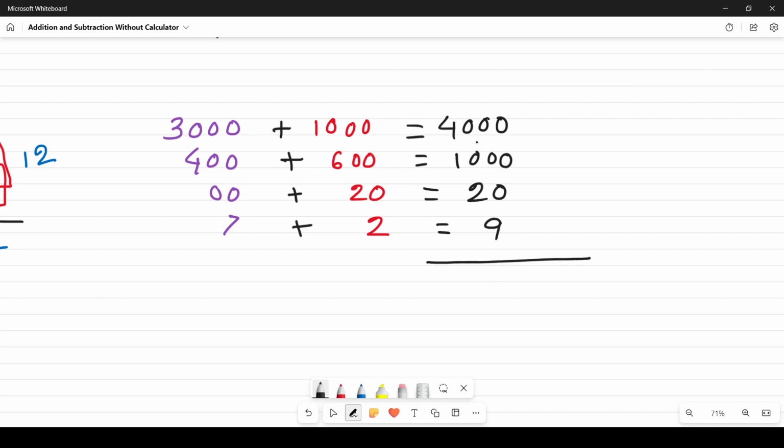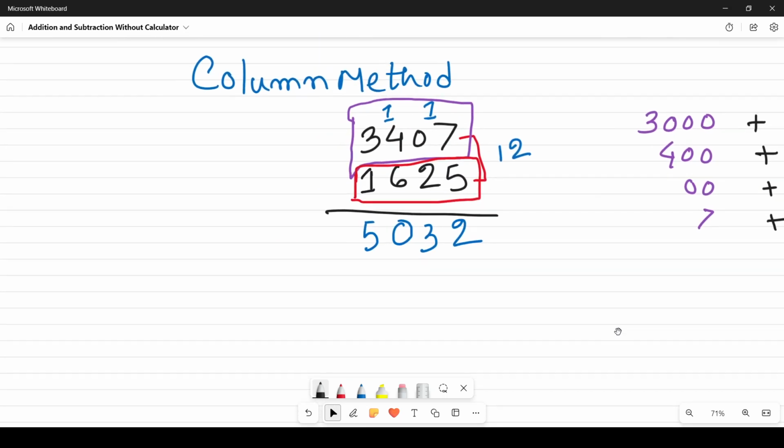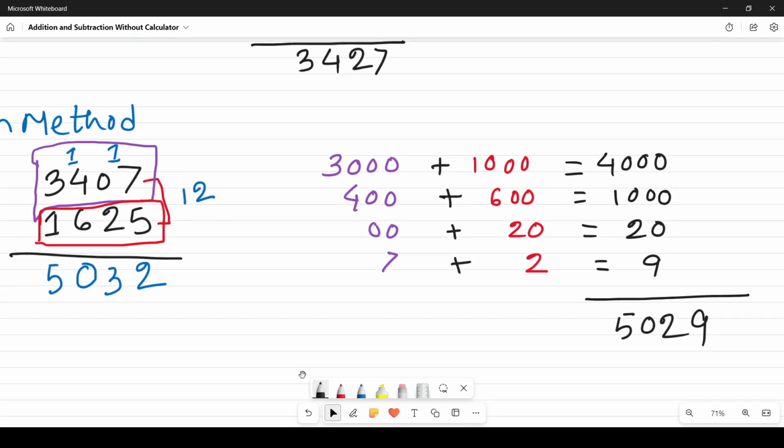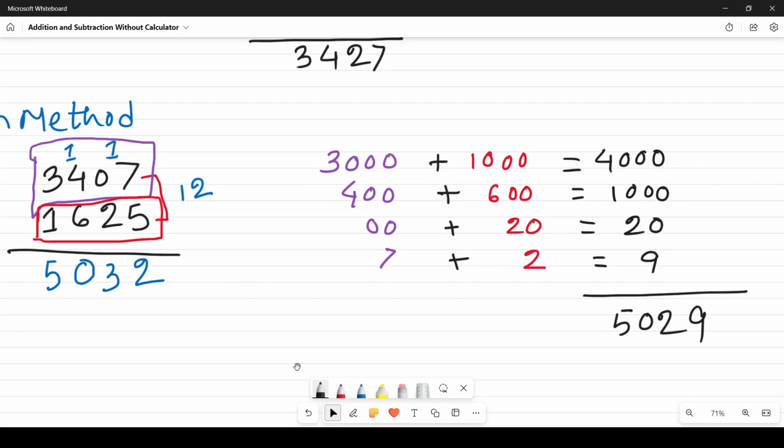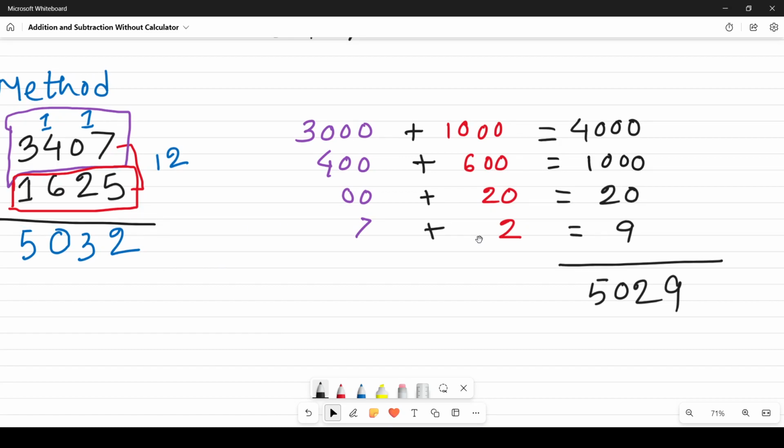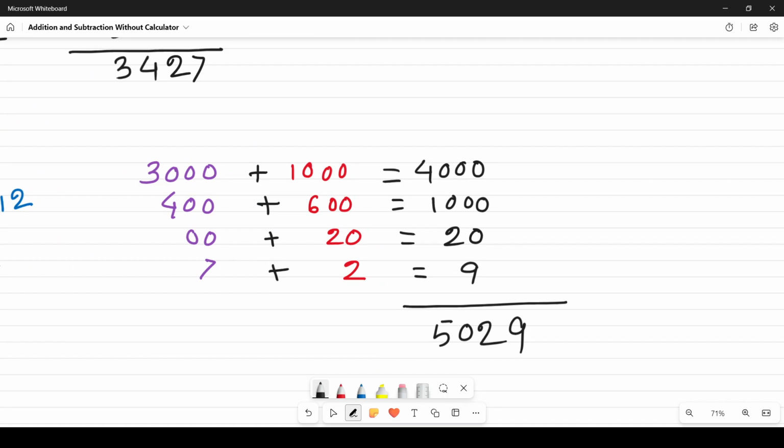Now if we add all these results, then what do we get? We get 4000, 1000, 5000, 5020, 5029. Right. So yeah, okay, it was 5 and I have done 2. It's fine, you can just check it on your calculator.